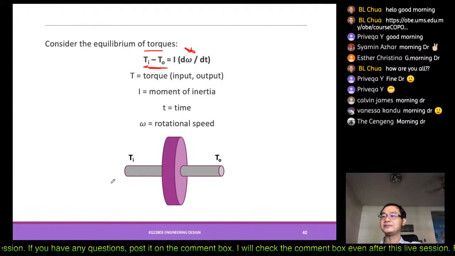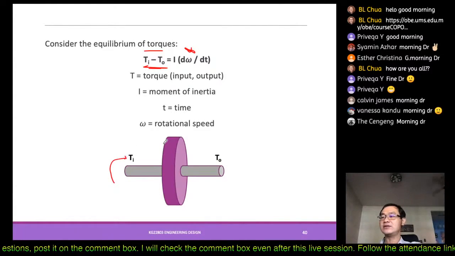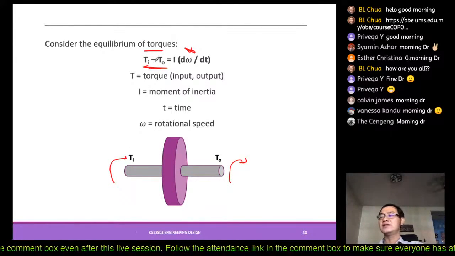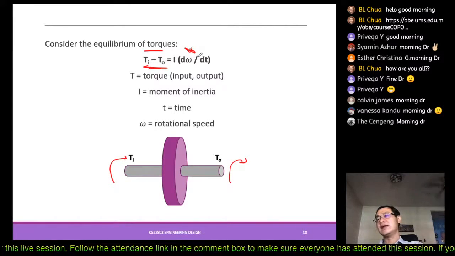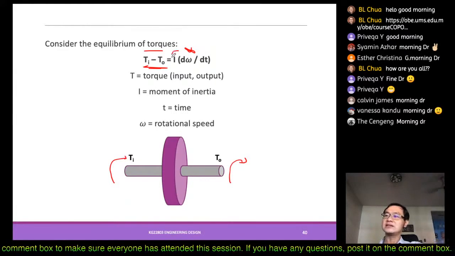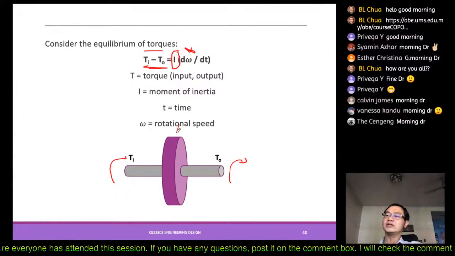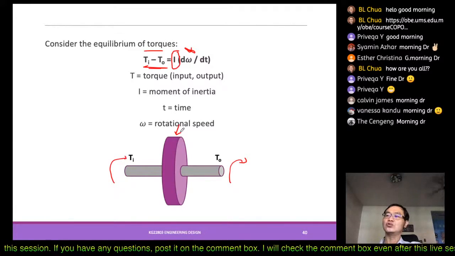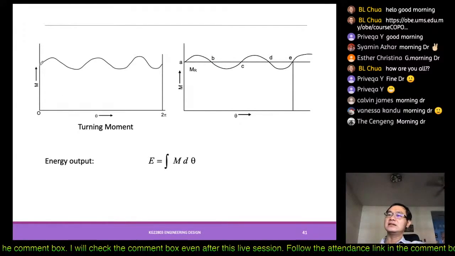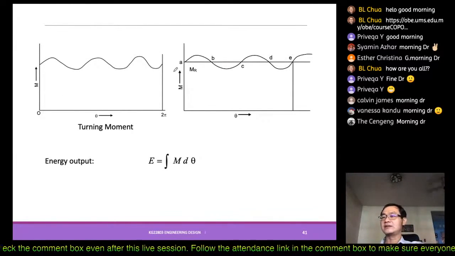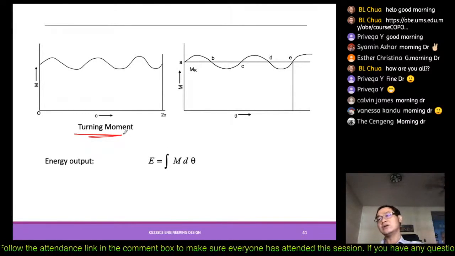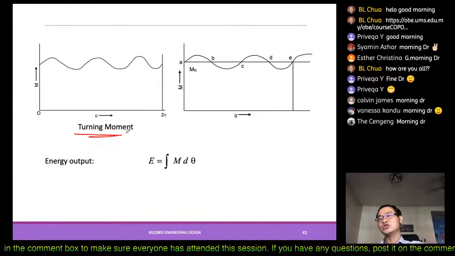So if you apply a torque on one side and this is your flywheel, and the torque on the other side, you can calculate the difference of these torques and the angular acceleration that you want, and this gives the moment of inertia of the flywheel that you intend to design. So the idea is here, let's say this is the characteristics of the load that you get.